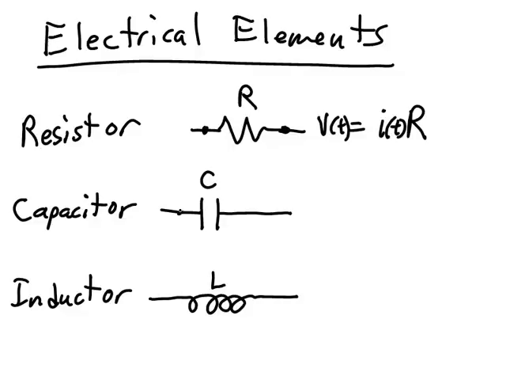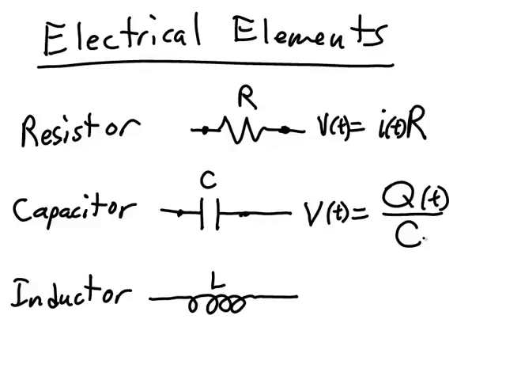Next, let's look at the capacitor. We also have an equation for voltage lost across the capacitor, and that equation looks like this. The voltage, which is also changing with time here, is equal to the charge in the capacitor, which is changing over time, divided by C, the capacitance.